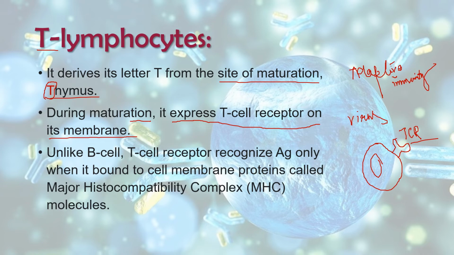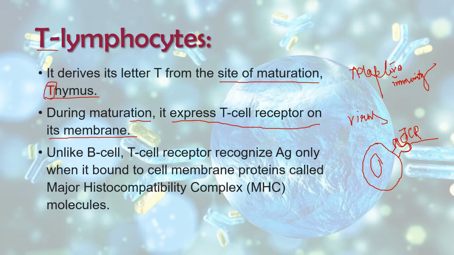This particular receptor is able to recognize the antigen, but that antigen should be bound to the MHC molecule. Okay, so we will discuss later what an MHC molecule is and how many classes there are of MHC molecules.